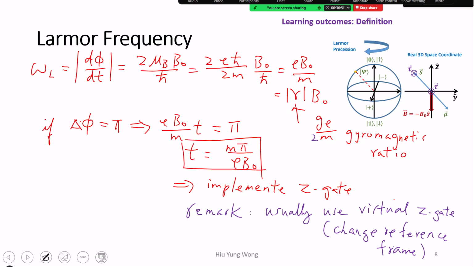Can you apply an external magnetic field on just any particle to have this Larmor precession? Or specifically, does it have to be a qubit? So no, this has nothing to do with qubit. Qubit is just what you call them when you use them for a quantum computer. The main point here is they have spin and they have this magnetic moment.